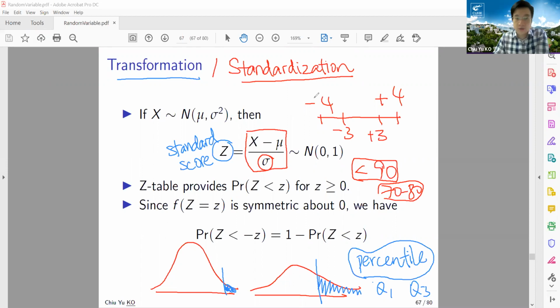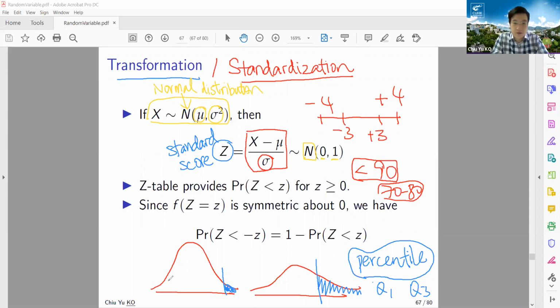But anyway, the focus is not telling you the application of this, but rather an interesting case: if X follows a normal distribution, with a certain mean and a certain sigma squared, then this standardized score will follow the normal distribution with mean 0 and variance 1, okay?